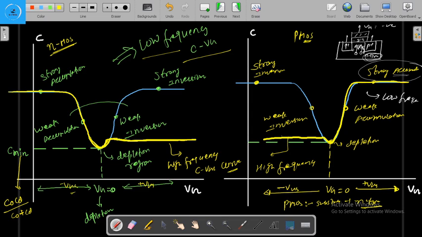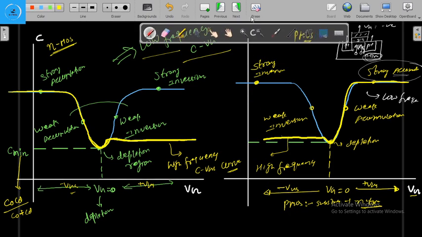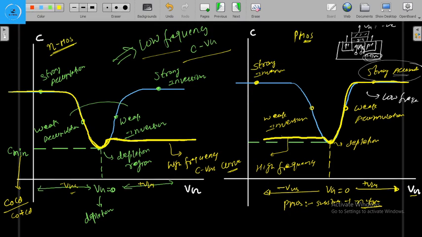Now, remember this curve, because this curve is really very important. Here we can see that the capacitance of the MOSFET is changing with respect to the gate voltage, so we can also say the MOSFET is a voltage controlled capacitor.